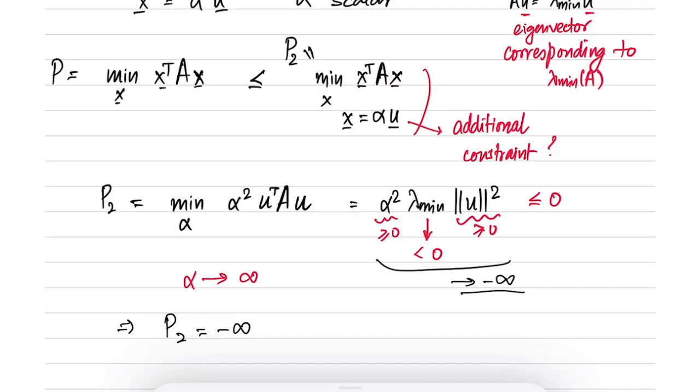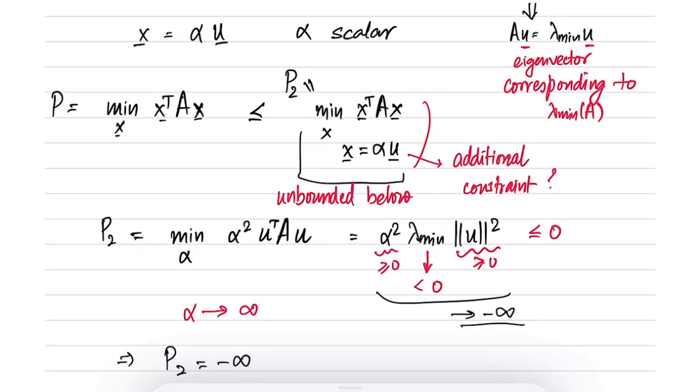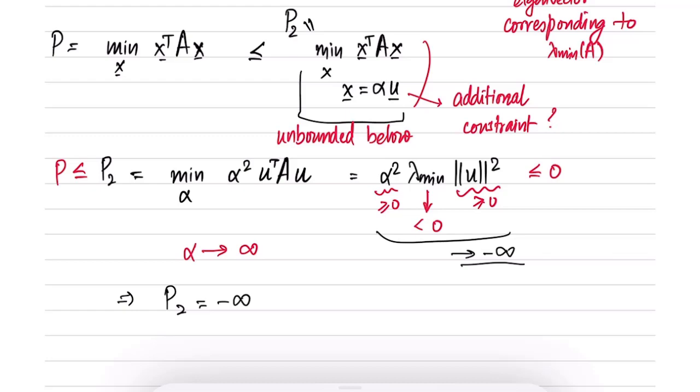So this is an unbounded below problem. So this problem that we were considering was unbounded below. And therefore, this minimum P is always less than equal to P2. So if P2 is minus infinity, naturally P is also minus infinity.